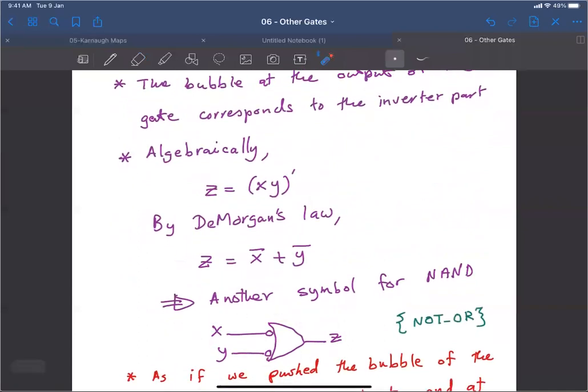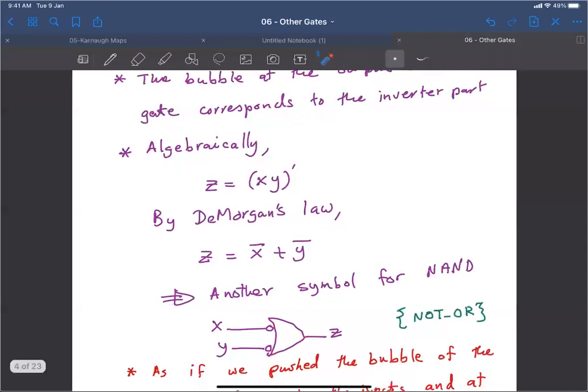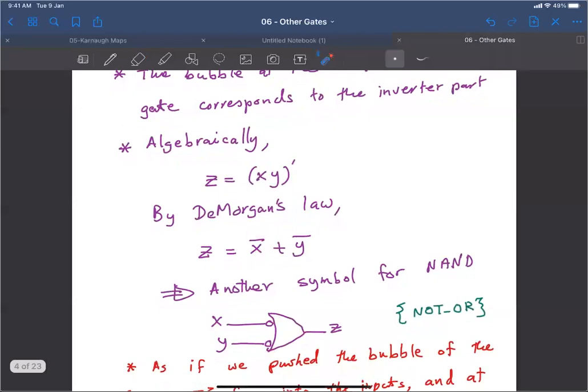Don't be fooled by the OR gate here. Since you have inverted the inputs of the OR gate, it is exactly a NAND gate. Instead of having the complements on the input, we put bubbles at the inputs of the OR gate. This form of the NAND gate is called the NOT-OR form, another symbol for the NAND gate.